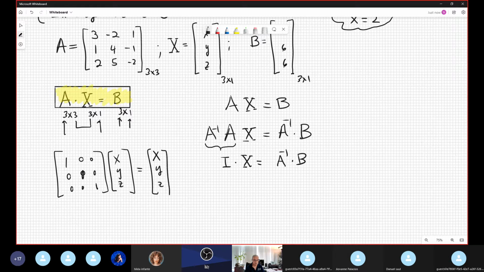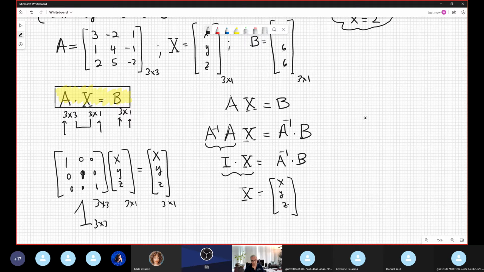So the identity matrix, in my mind, works like a 1 of dimension 3 by 3. And when you multiply 3 by 3 and 3 by 1, you get 3 by 1. So this is equivalent to capital X, by definition x, y, z. In another example, we could get 4 dimensions, x, y, z, w, etc.